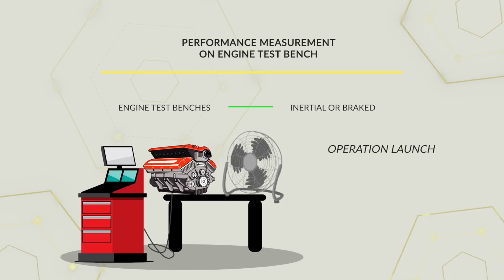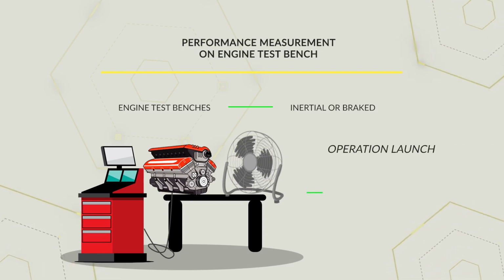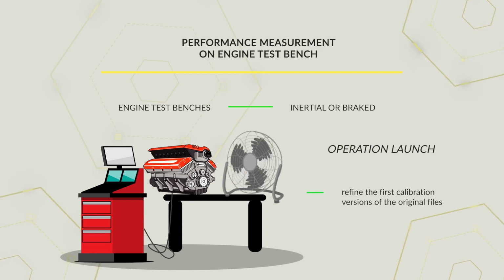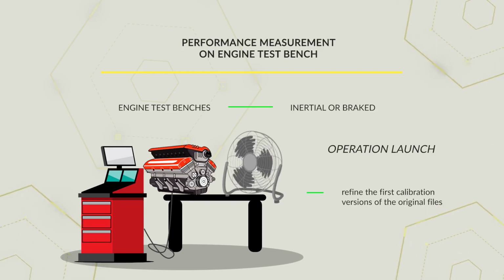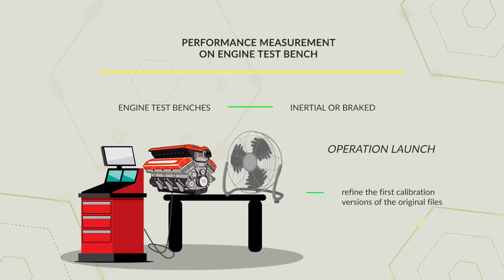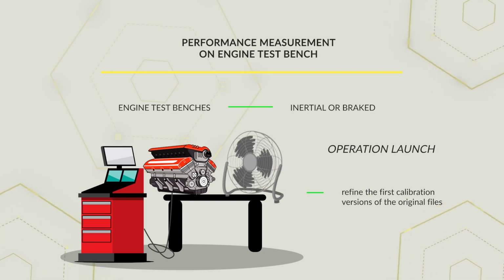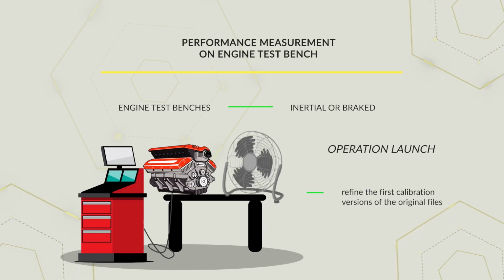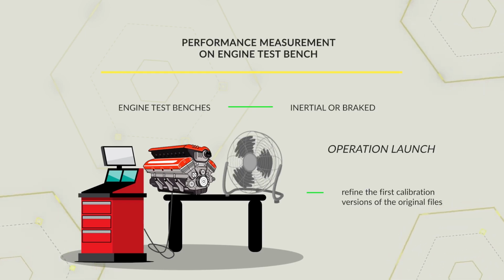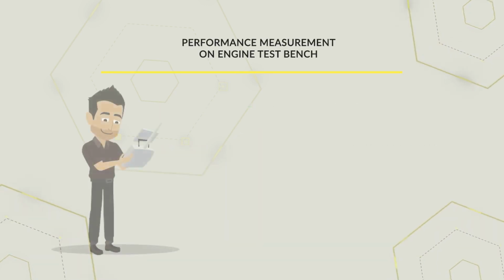The equipment of this type can also be used to refine the first calibration versions of the original files of the engine control units, because they can keep the engine revolutions constant and vary the accelerator, keeping the engine braked. They can also do the opposite operation, that is, allow the RPMs to develop to their full extent, keeping the accelerator constant.